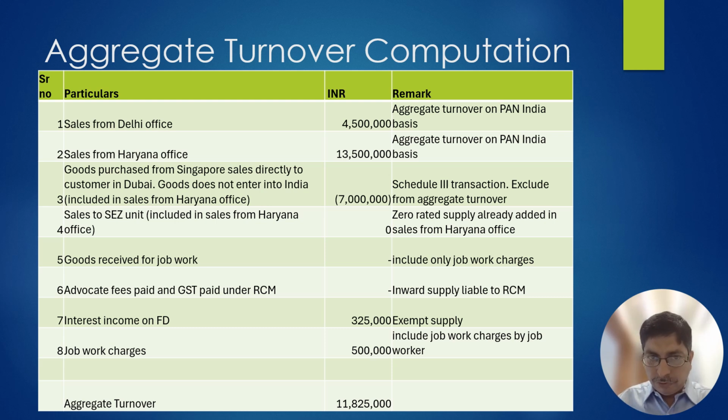However, for computation of aggregate turnover in case of composition scheme under Section 10, to see whether it is crossing the threshold of 1.5 crore or 75 lakh, as the case may be, you should not consider interest income. Whatever the amount of interest income, that will not form part of aggregate turnover for computation of eligibility for the composition scheme. Tricky, small point but important.